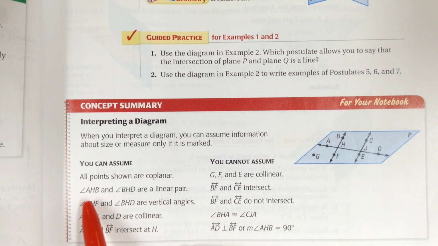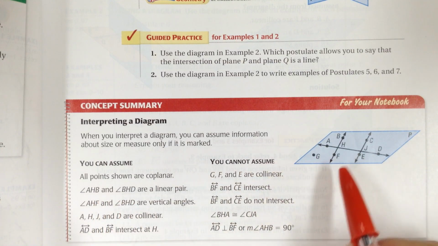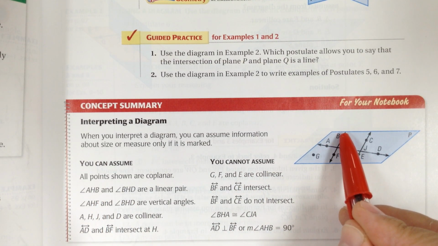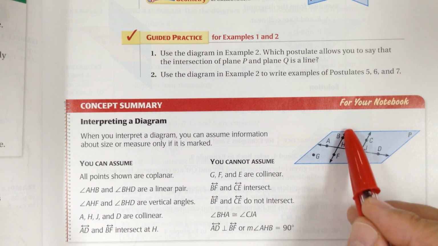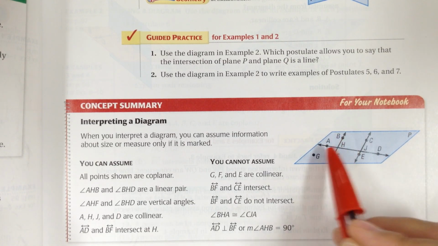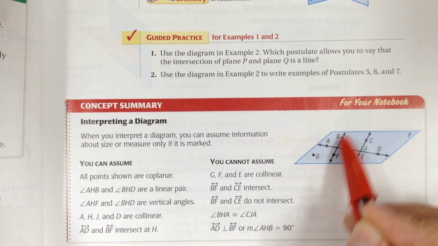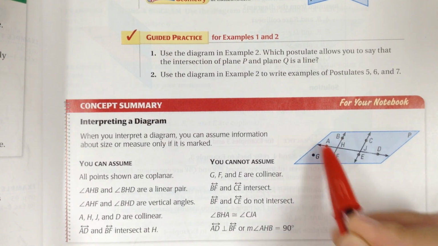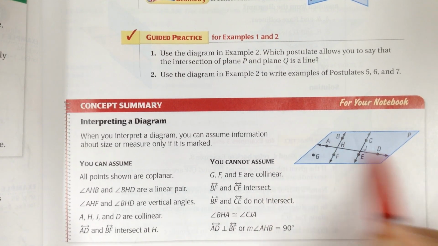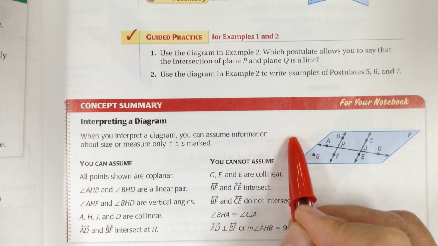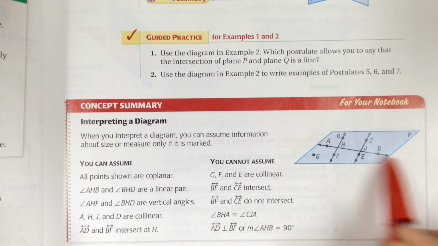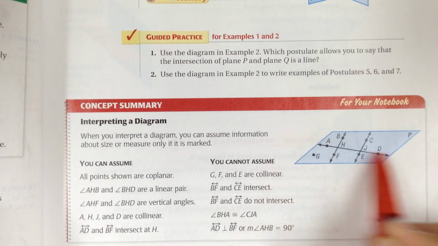Also, you can assume that angles AHB and BHD are a linear pair. You can assume that because AD is on a straight line. When you see the picture, you can assume that A and D are on the same line.